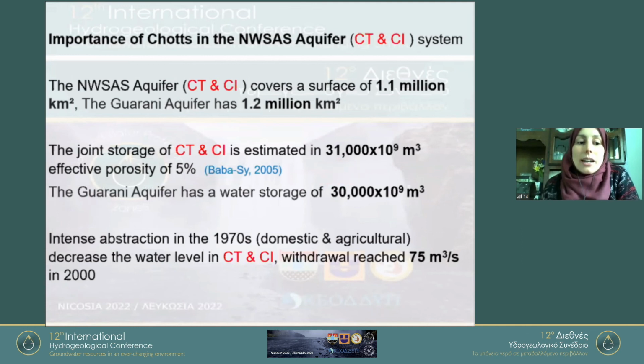On the other hand, groundwater extraction has decreased the water level in the complex terminal and continental intercalary, and now withdrawal is close to 75 cubic meters per second.